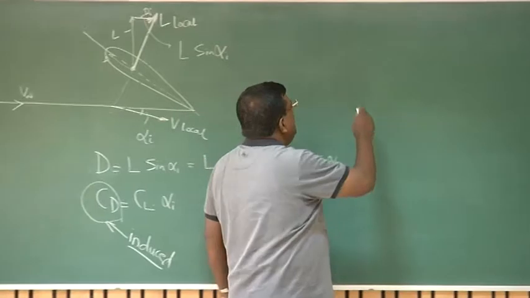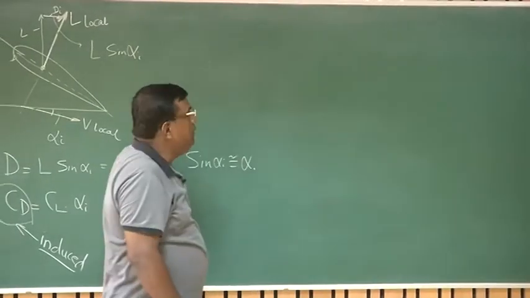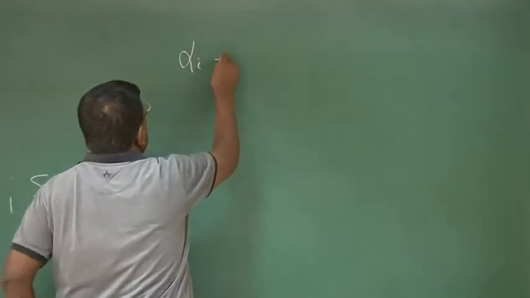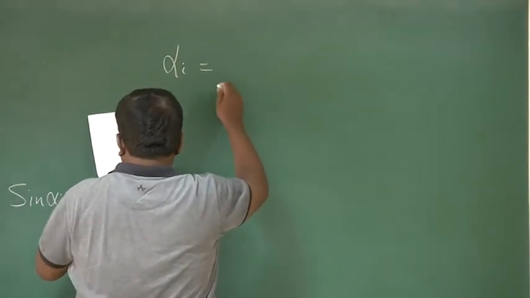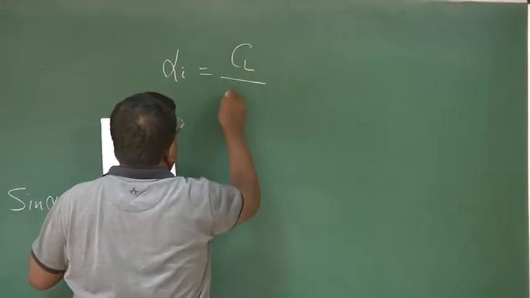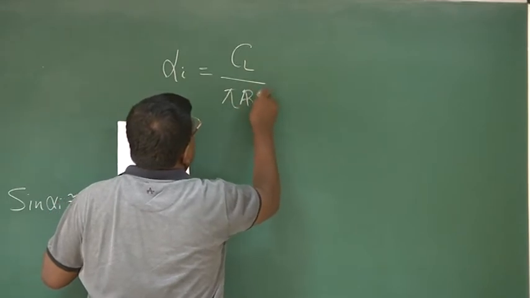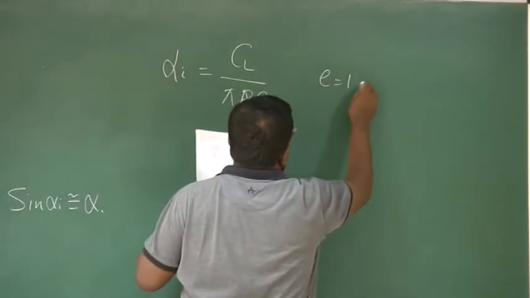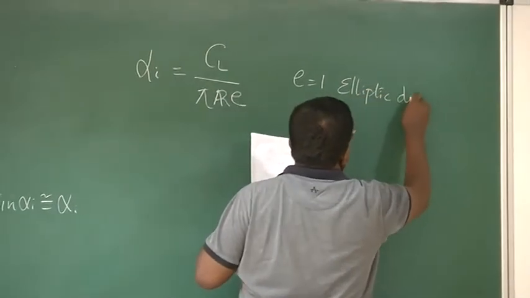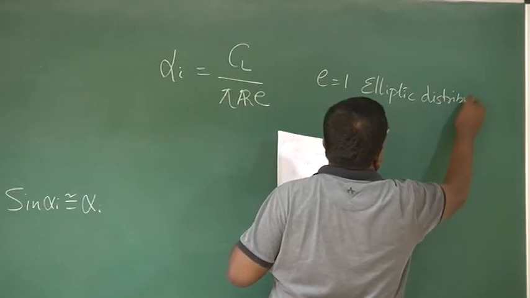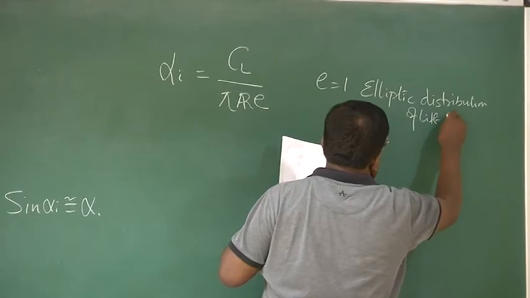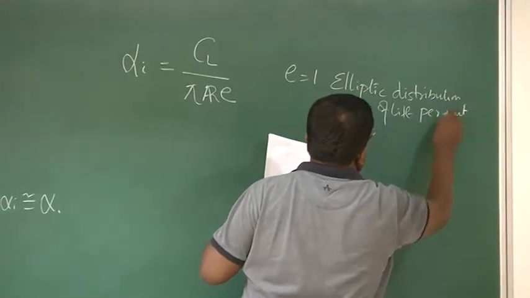And from the theory of incompressible flow for elliptic distribution, one can show that alpha I can be approximated as CL by pi aspect ratio times E. Of course, E is 1 for elliptic distribution of lift per unit span.